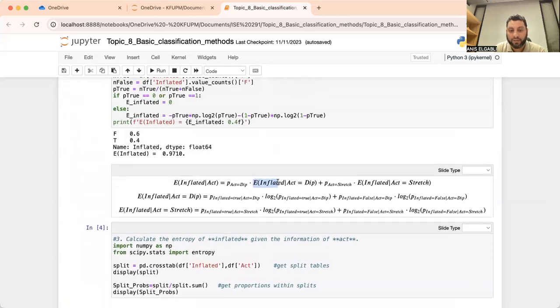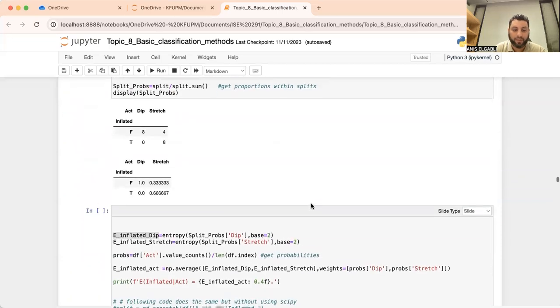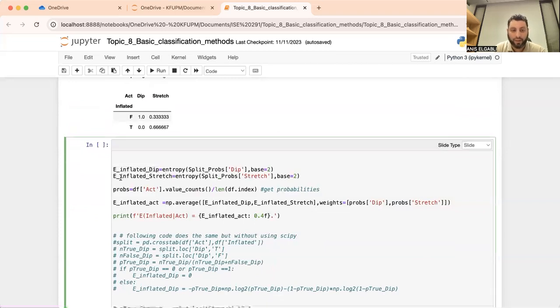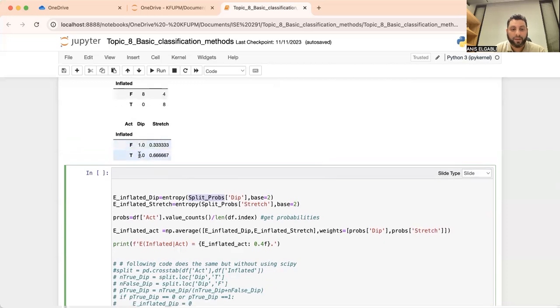We want to compute this one first, and we have computed the probabilities here. In fact, we want to compute both, and also the entropy of inflated given act equal to stretch. So for the entropy of inflated given act equal to dip, what are the probabilities? The probabilities are the first column, the dip here. So they are 1 and 0.